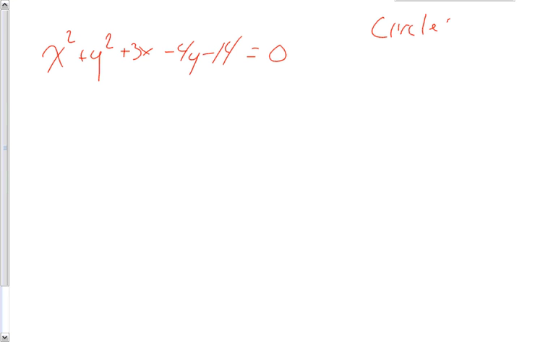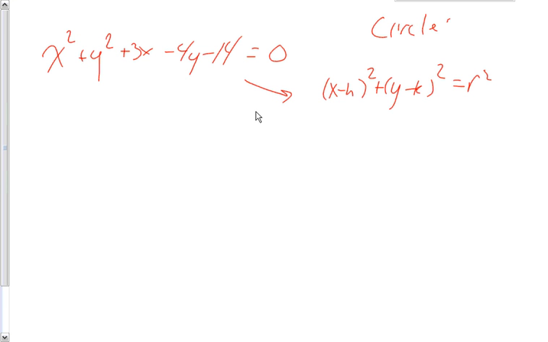This is if you multiply out our center radius form. Remember, our center radius form is this: x minus h plus y minus k squared equals r squared. This form is useful. It tells us the center is (h, k) and the radius is r. This doesn't tell us that. If I could change that into that form, it would be awesome. And we can. That's the advantage of completing the square.